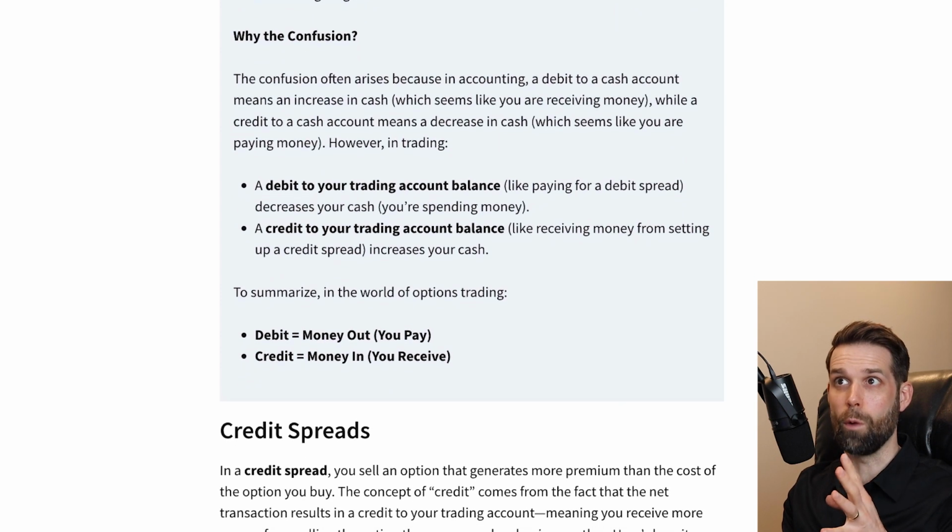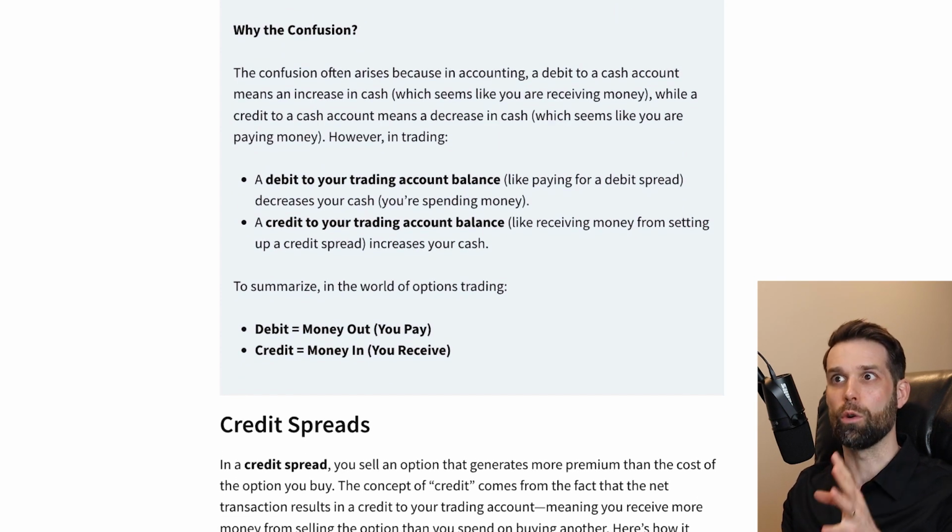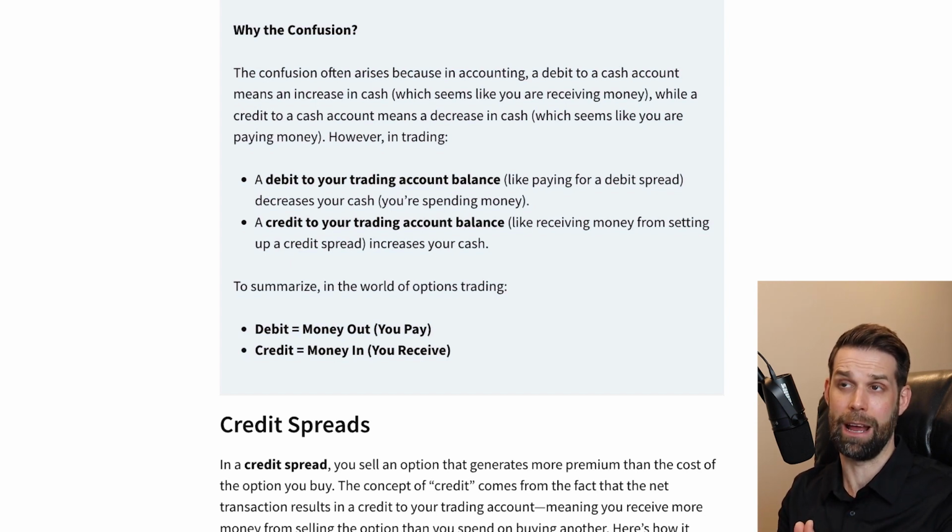But if you were wondering that as well, then that's what the difference is. The confusion arises because in accounting, a debit to a cash account means an increase in cash, while a credit to a cash account means a decrease in cash. But in trading, it's the other way around. A debit to your trading account balance is like paying for a debit spread. It decreases your cash, and then credit is money in.